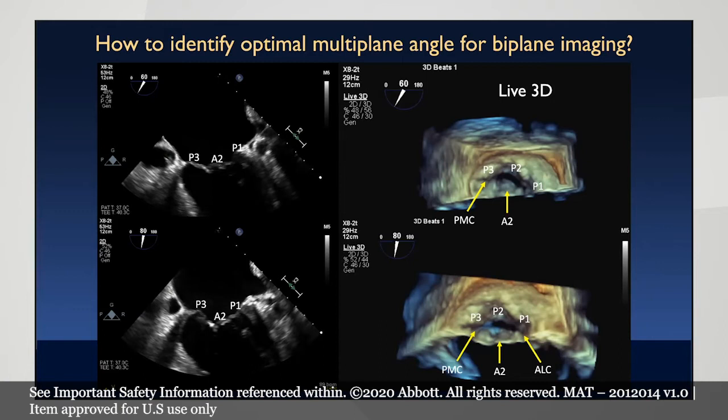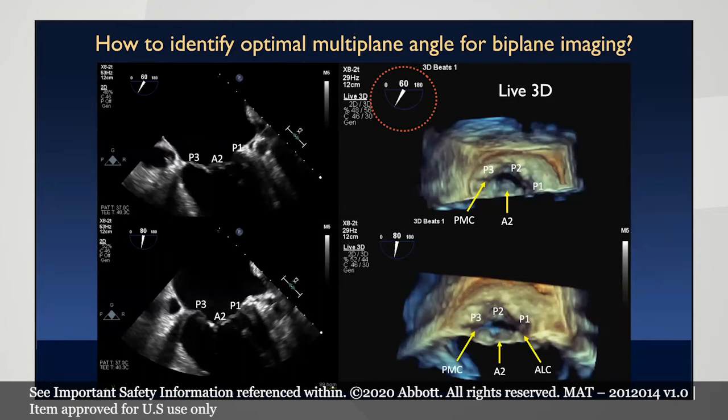As our patients do not all have the same rotation of the heart, I'm using live 3D imaging, as I showed on the right-hand side, where we have a multiplane angle of 60, for instance, yet we can appreciate that the commissures are not perfectly cut, meaning we're cutting through the anterolateral commissure, but not really through the posterior medial commissure in this example.